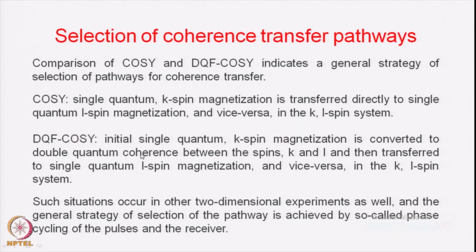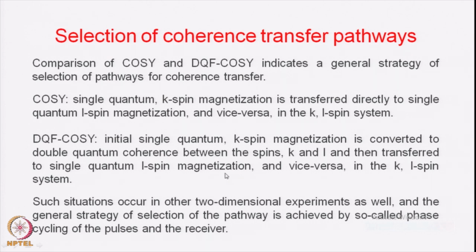Here we want to select the double quantum coherence which is created between the 2 spins by the application of the first 2 pulses, and we use a strategy called phase cycling, where the phase of the pulses is cycled as x, y, minus x, minus y for the same t1 increment, and the receiver phase is appropriately adjusted so that the other components which are created, the single quantum and the Z magnetization, are eliminated, and only the double quantum coherence is preserved.